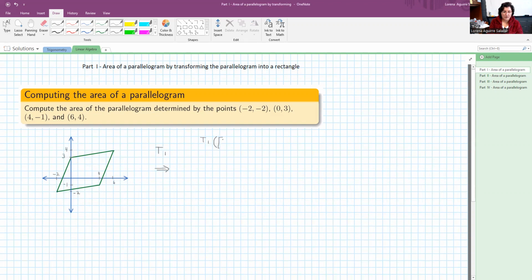This transformation takes vectors (x, y) and maps them into (x, y) added with a vector. And because we want -2 to get translated to 0, so that the lower left vertex coincides with (0, 0), we add here (2, 2).